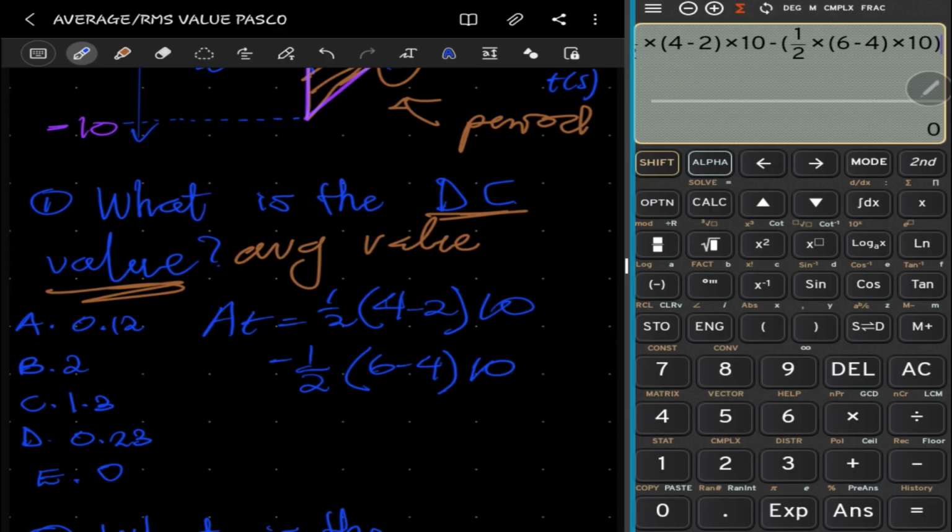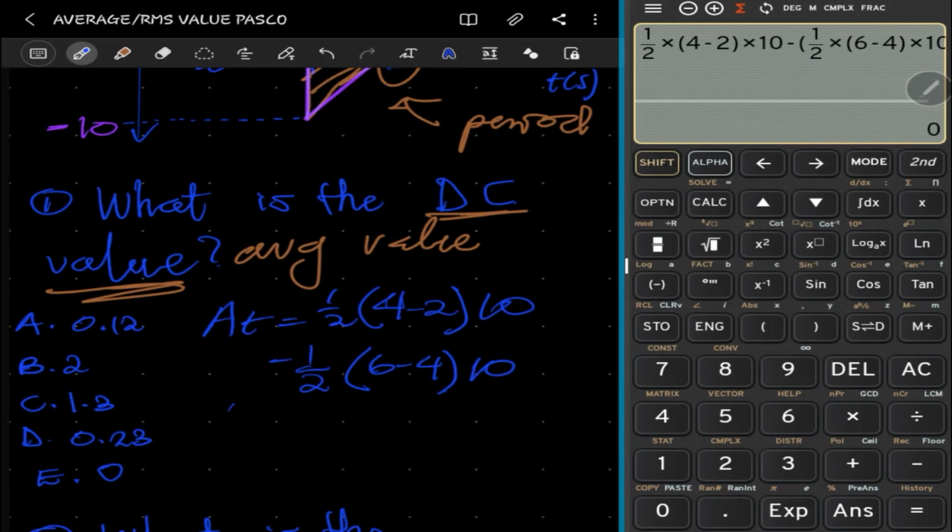So that gives us the area being 0. Total area 0, right? So let's take this down.